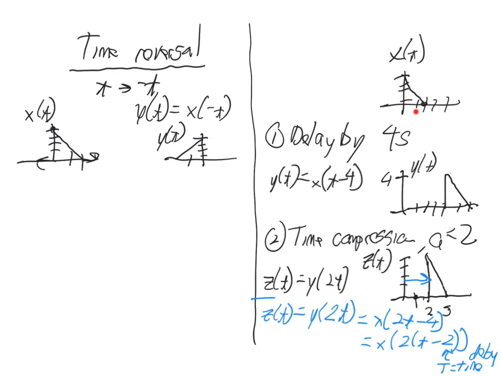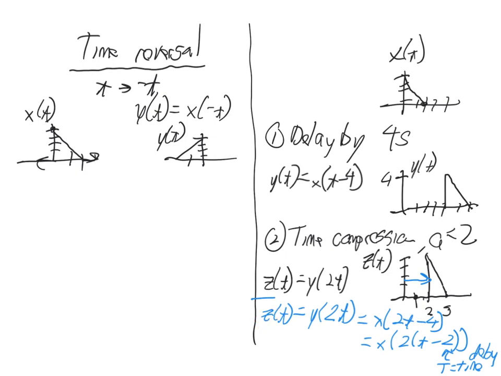So x of 1, again, I'm back here, and I'm halfway down my voltage ramp. So my advice to you is be careful. When you do a transformation like this, when in doubt, always plug the time at the function you're evaluating into the expression and see what it does. I'm mapping back the original function x to my ultimate function z.